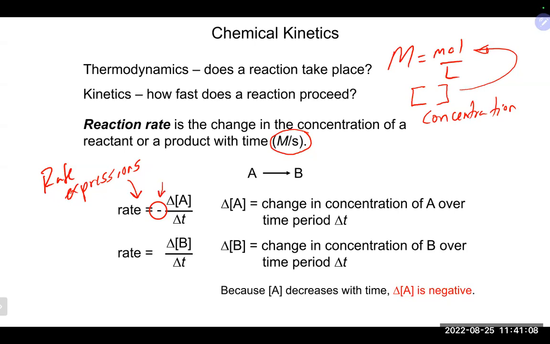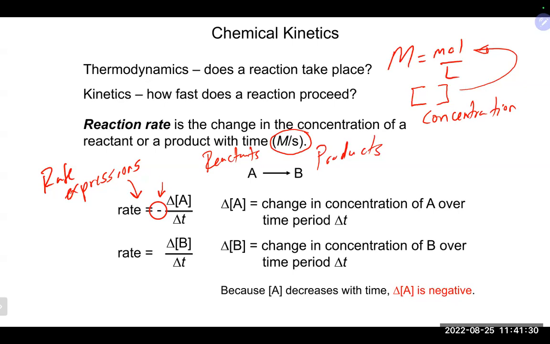The reason for that is as this reaction takes place, the reaction is going from A, our reactants, on this side, to our products. So as A goes, it will start to form our products on the other side.